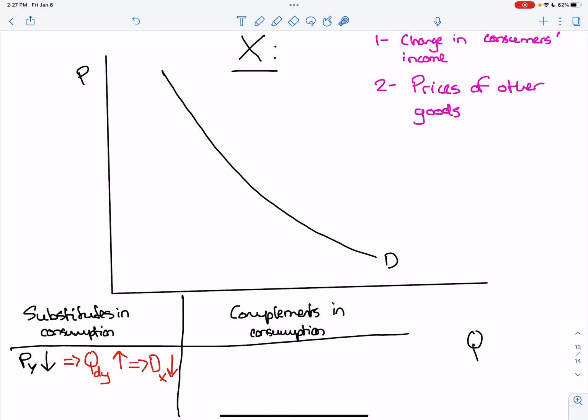But if the consumer is consuming more Y, that would mean that there is less of a desire for X regardless of its price. So at every price, there is a decrease in the demand for X. This would cause a leftward shift in the demand curve. So when the price of a substitute decreases, the demand curve shifts to the left.